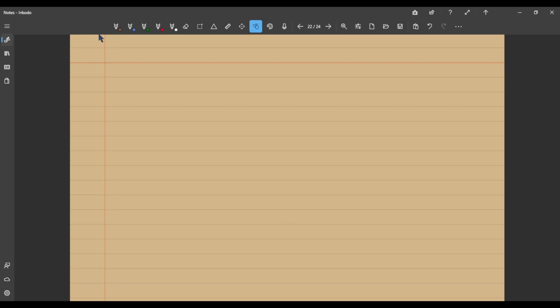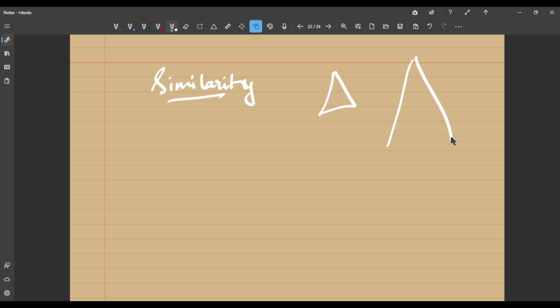A quick revision of what we have done till now in this series. We defined something called similarity in triangles. If two of my triangles are similar, then this angle is equal to this angle, and this angle is equal to this angle.